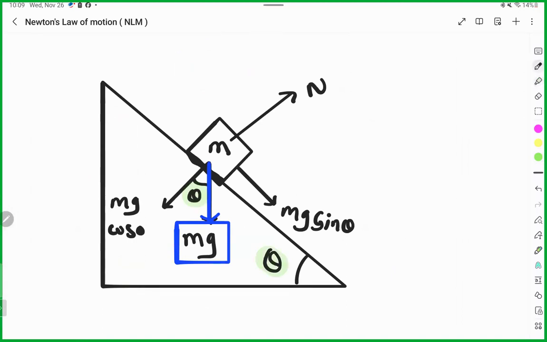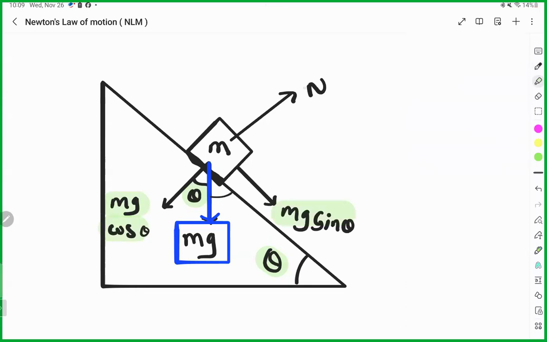If anybody asks what this angle is, 90 minus theta. And wherever you have theta, along with that you always have cos theta, right? That is why this is mg cos theta and opposite to this mg sin theta.